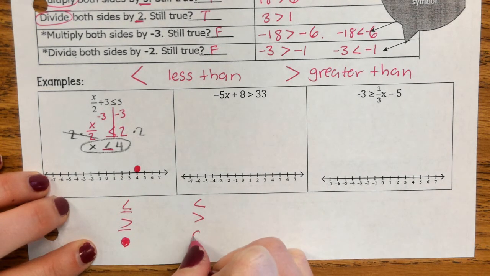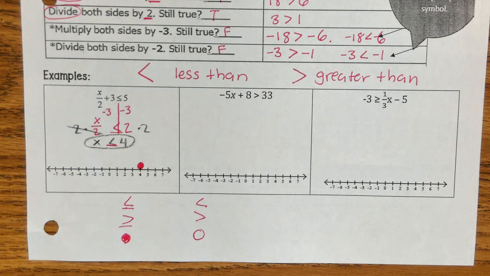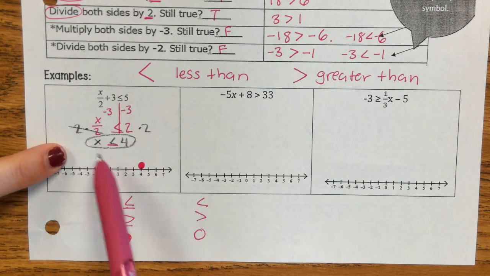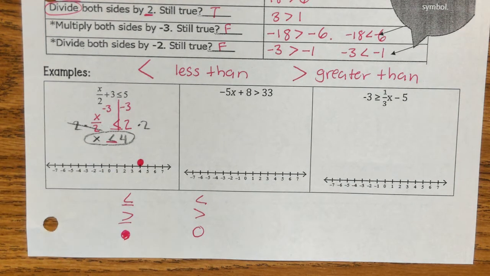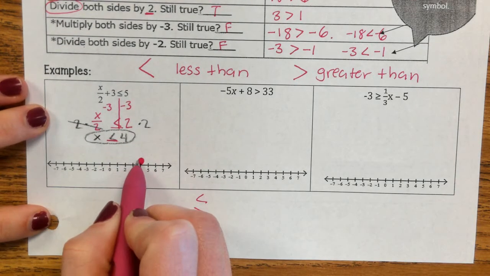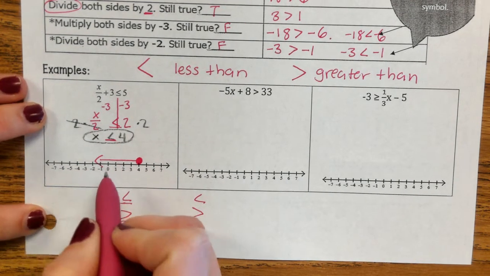Less than or greater than just gets an open circle. And then, when I read this, x is less than or equal to 4. So my possible numbers are less than 4. They're the smaller numbers. So my arrow will go to the left.